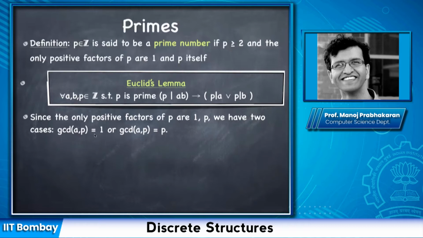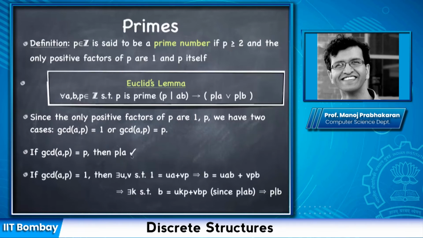So GCD is either 1 or P. And the two cases are therefore: if GCD is P, well in this case P divides A and we are done. We just needed to prove that either P divides A or P divides B. So the interesting case is when P doesn't divide A, then we'd like to show that it actually divides B.